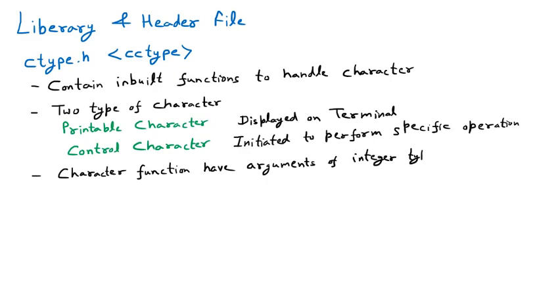Means if you pass any argument to the ctype functions, it will be an integer; only integer arguments can be passed in the functions present in ctype. But suppose you are not passing the integer type.